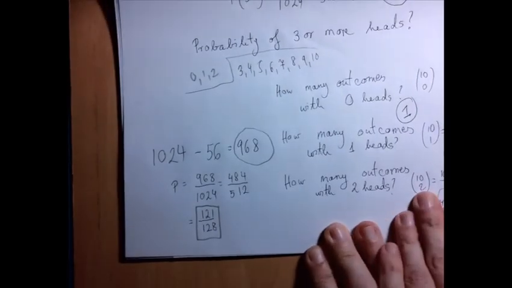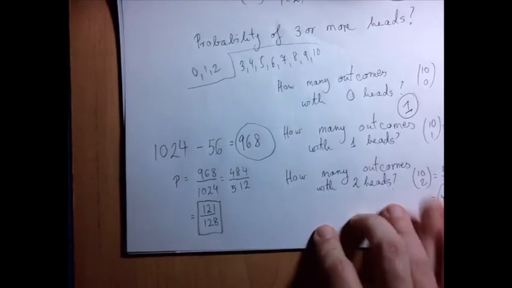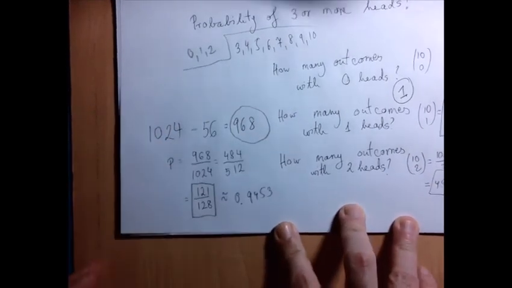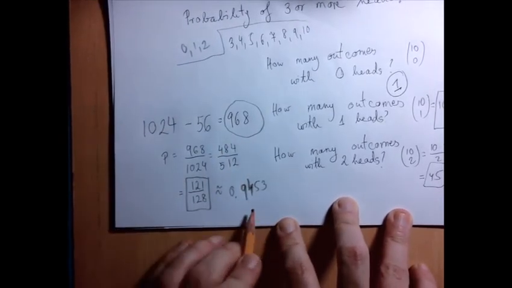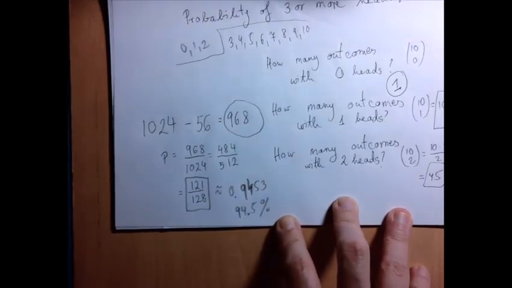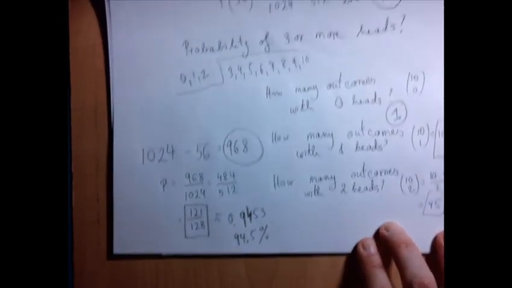So notice this is almost 1, right? As a decimal it is 0.9453 and change. So that means that there is a 94.5% probability that we get 3 or more heads when we toss a coin 10 times. So that's a pretty high probability. Thank you for watching.